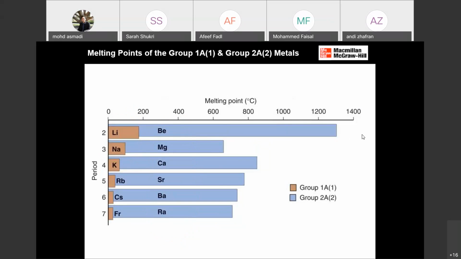Can you write down what the properties of a material that has a metallic bond are, in terms of mechanical properties? Anyone? You can write in the chat box.